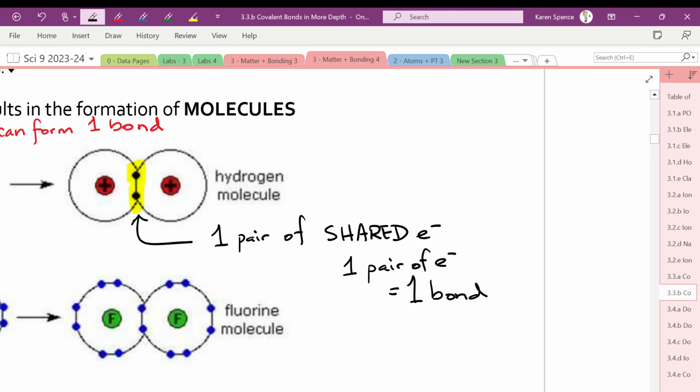So we have one pair of shared electrons, and so one pair of electrons is equal to one bond. So if we needed to draw this, we would draw an H, and then we show a single bond by drawing a single line, and then drawing an H. How many electrons in that line? 2.